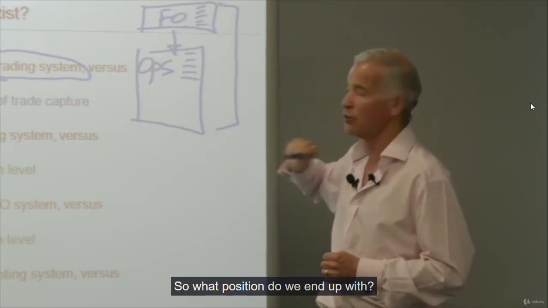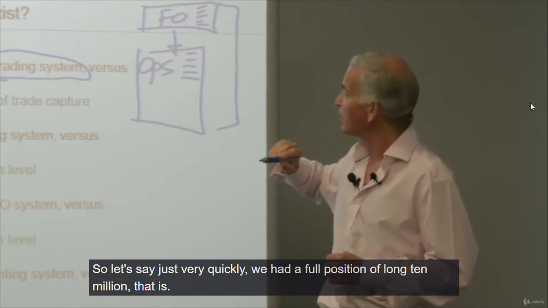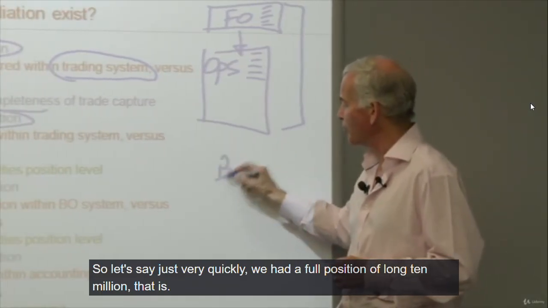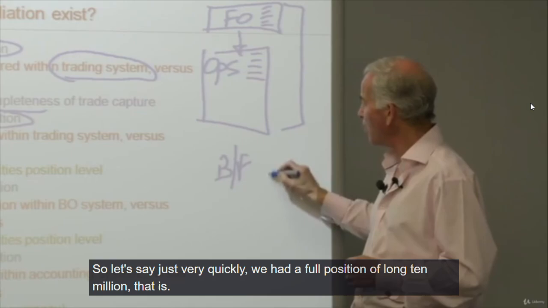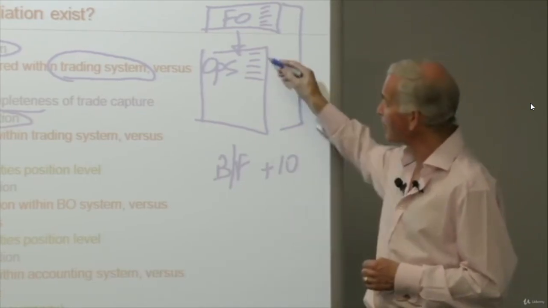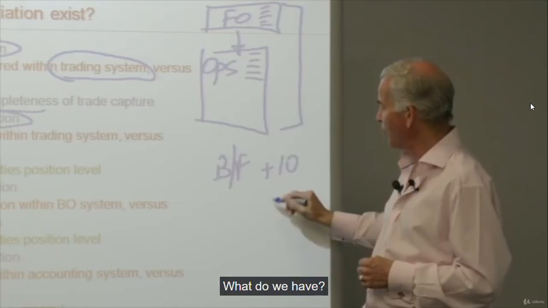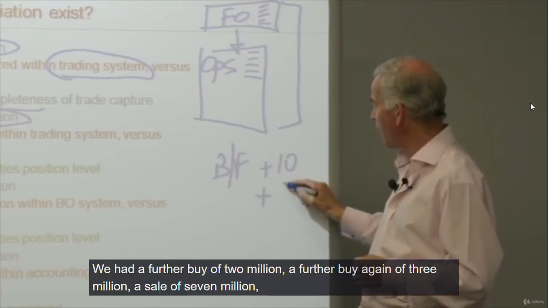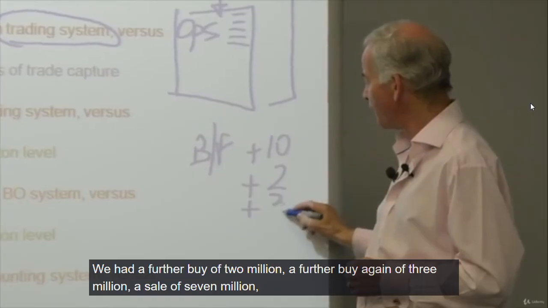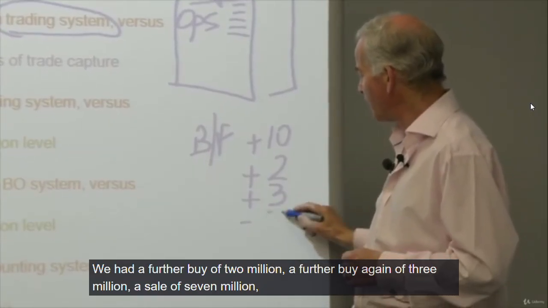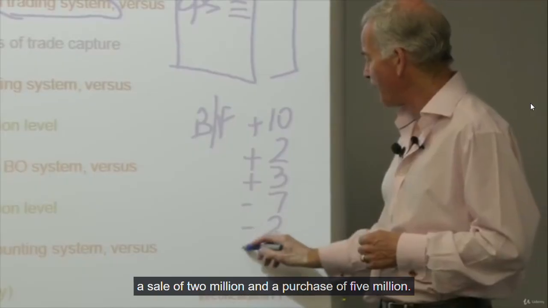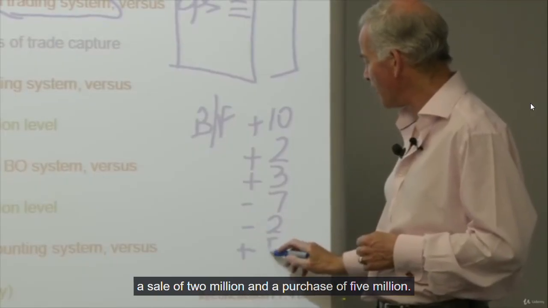So what position do we end up with? Let's say, just very quickly, we had a brought forward position of long 10 million. And these are the trades here. We had a further buy of 2 million, a further buy again of 3 million, a sale of 7 million, a sale of 2 million, and a purchase of 5 million.